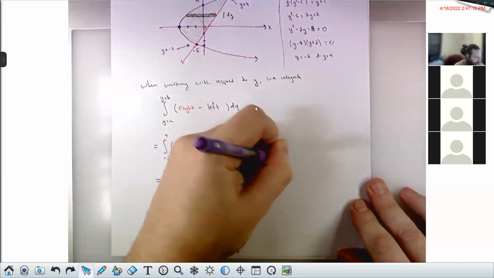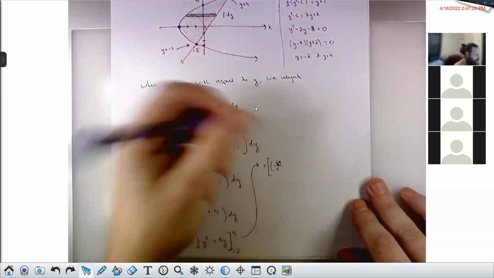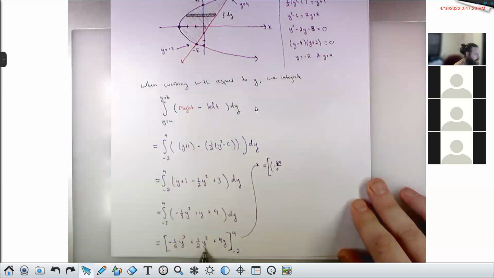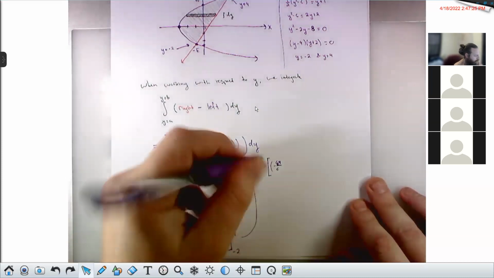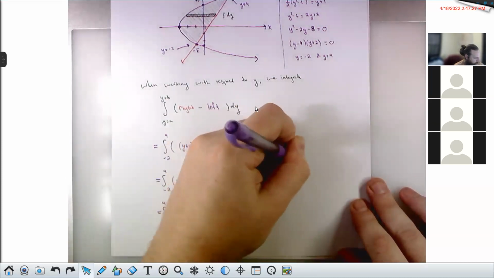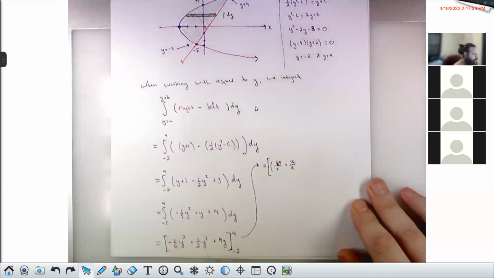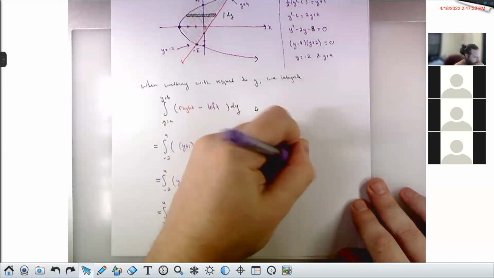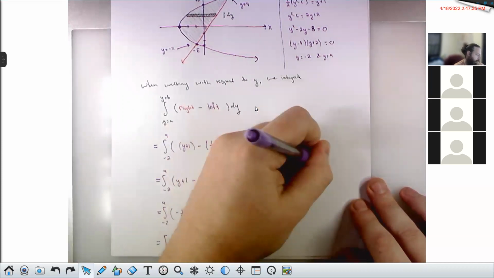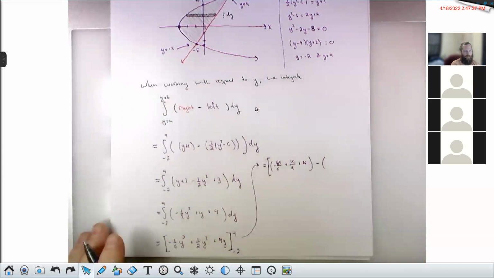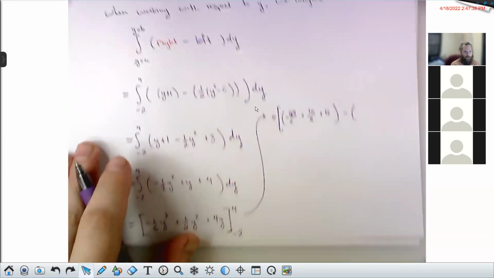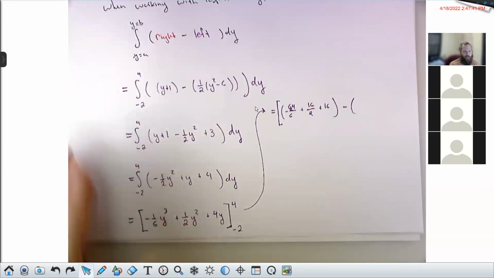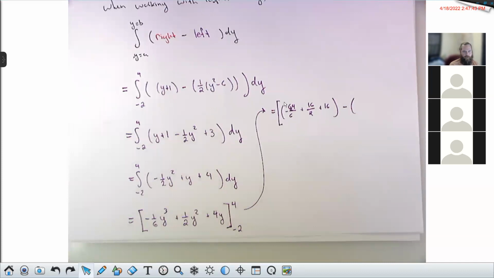So I'll write that as negative 64/6 plus 1/2 times 4 squared. So that's plus 16/2. Plus 4 times 4 is plus 16. Minus. Let's see. So negative 64/6, that's 4 cubed over 6.